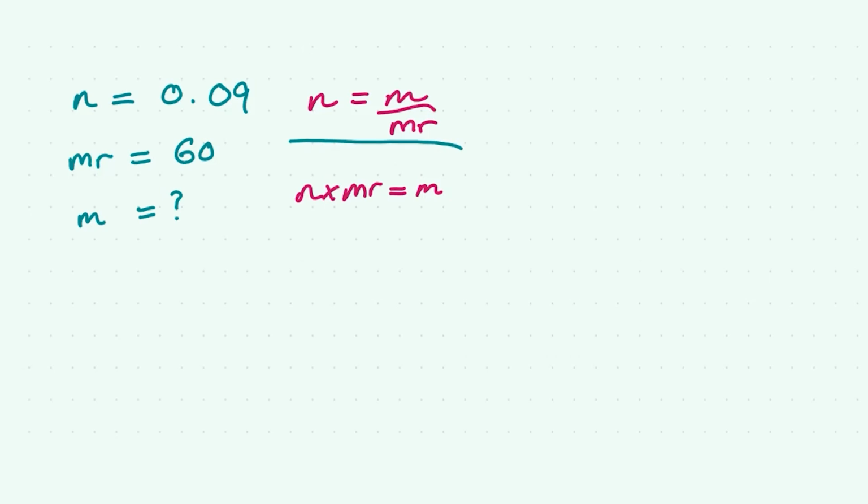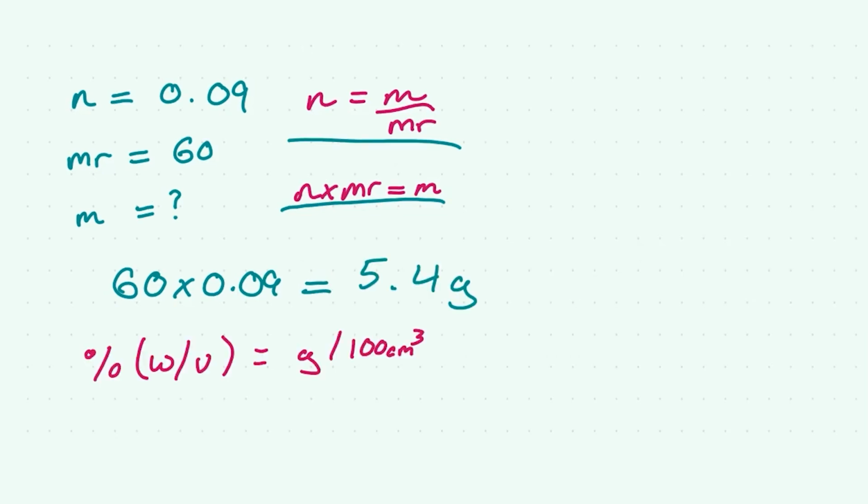So we manipulate it slightly and we get n multiplied by Mr will give us m. So if we write this down, 60 multiplied by 0.09 will give us our mass in grams. So if we throw this into the calculator, we'll get 5.4. So that tells us that there are 5.4 grams of ethanoic acid per 100 centimetres cubed.